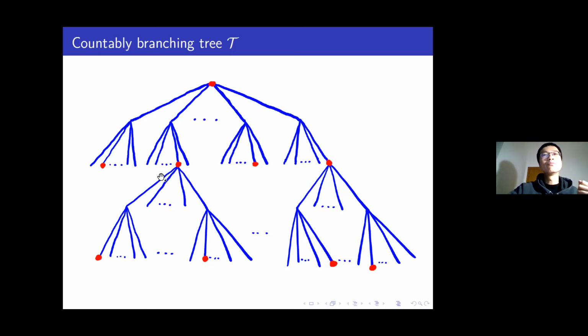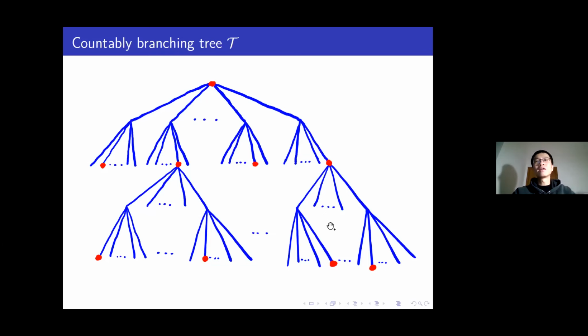Then you apply the bending lemma to the second fork, you get another red point, and you just do this procedure, and you get a sequence of red points located on the second floor. Then for each red point on the second floor, there are again countably many forks incident to it, and you do the same thing.